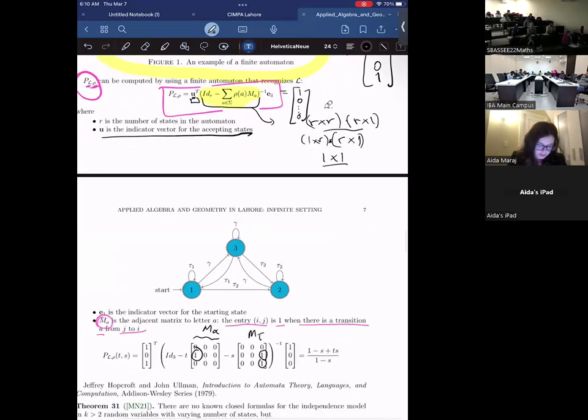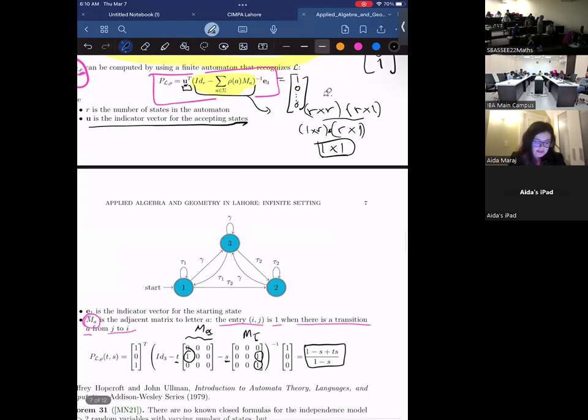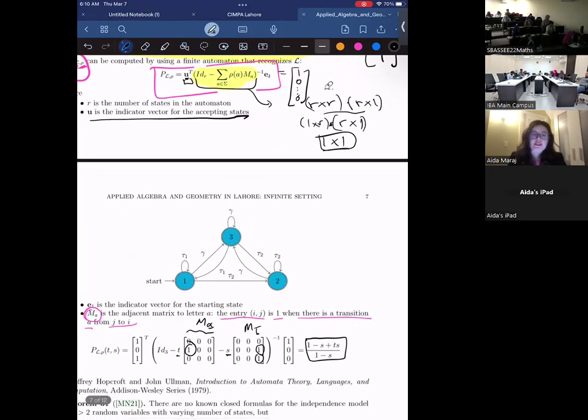Then we multiply by the weights of each of these letters, subtract it from the identity, and multiply, as I said, by these vectors, and we get a 1-by-1 matrix, which is just this. That's the entry of that matrix at the end, and that's our generating function.